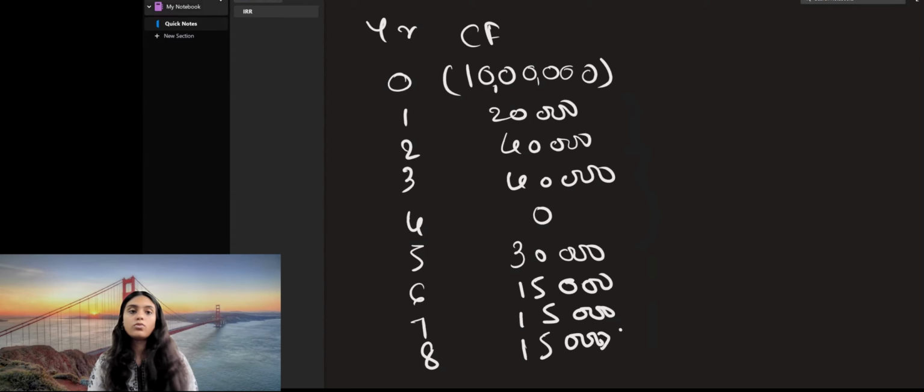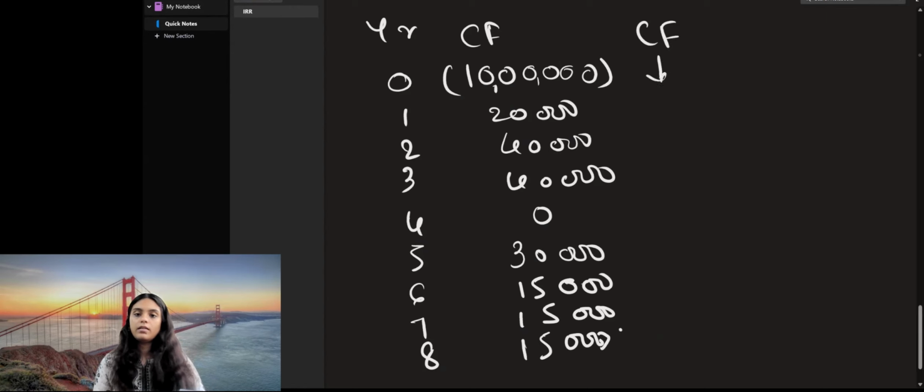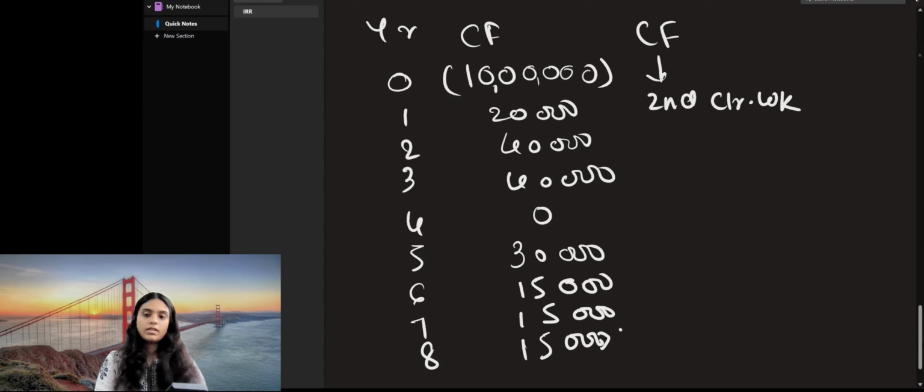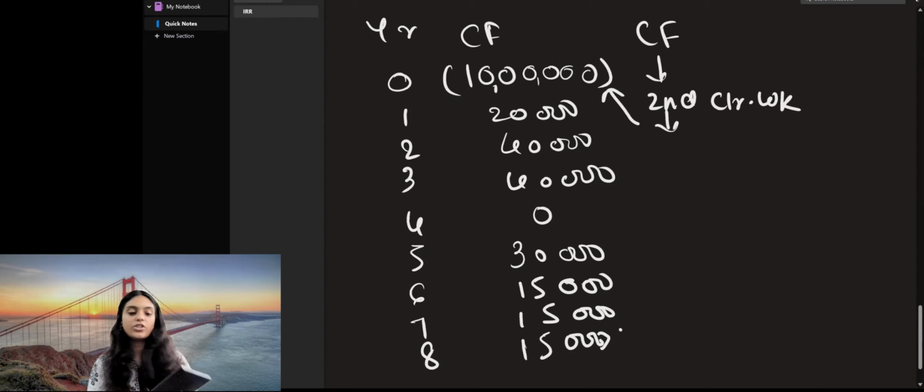Now let's learn how to do that on a calculator. So first, open your calculator, go to cash flow, first CF, then second and clear work. Put 10 lakh rupees as your initial investment in CF0.